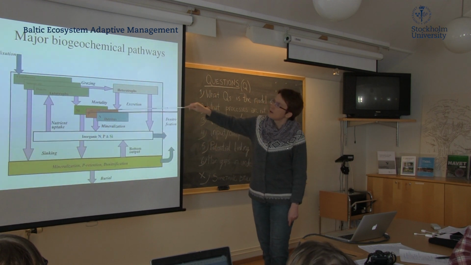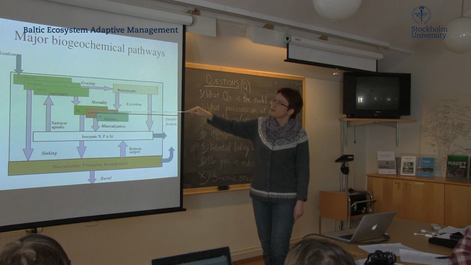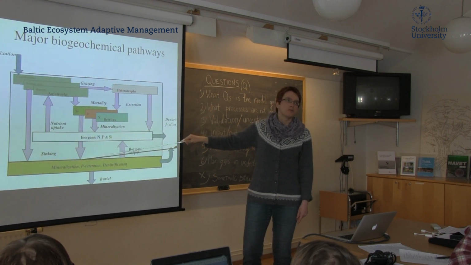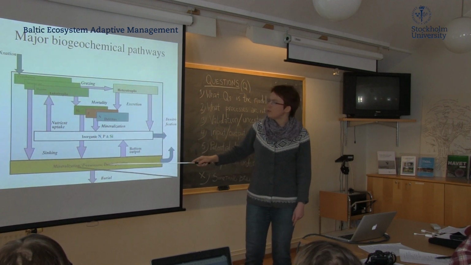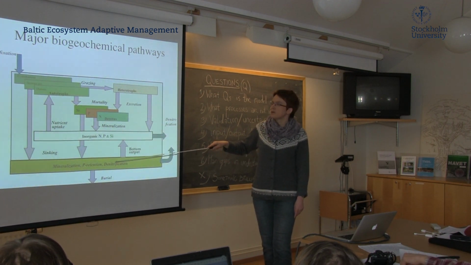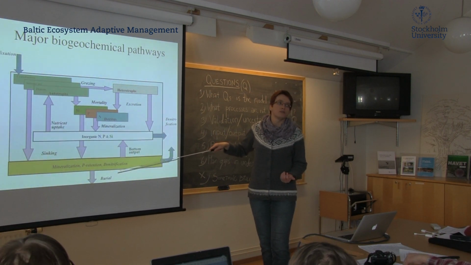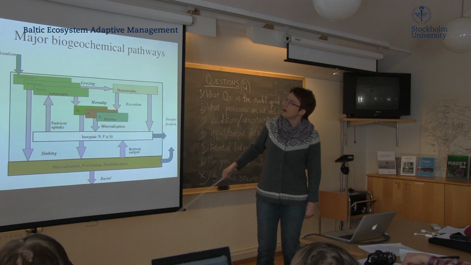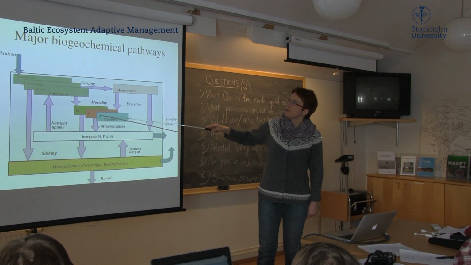And you have a variable that collects everything that is dead, and that is detritus. The main function of detritus in a biogeochemical model is to sink and to transport nutrients into the sediments. In the sediments you have pools of nitrogen and phosphorus, and you simulate the biogeochemical processes of nitrogen and phosphorus in the sediment, depending on oxygen conditions.